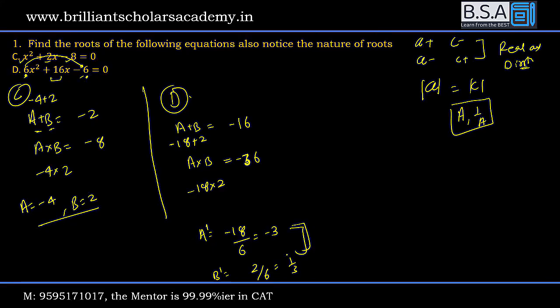The roots are 3 and 1 upon 3. Plus minus you can handle. Roots are inverse of each other when A and C are equal. You won't believe, such properties are being tested in CAT now. Roots are inverse of each other when A and C have equal magnitude.